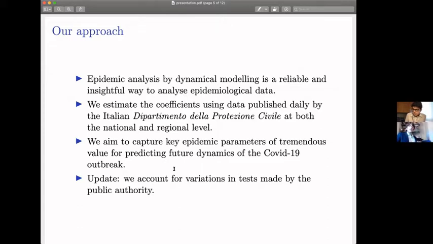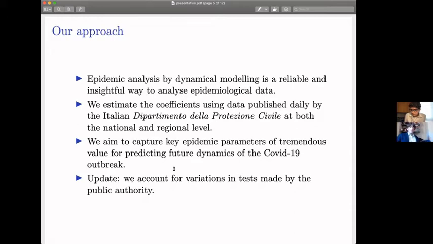We estimate the key epidemic parameters using data shown earlier, both at national and regional level. As I mentioned in the introduction, we uploaded on ResearchGate the first version of our paper 1 month ago, showing the parameter estimation and the forecast.